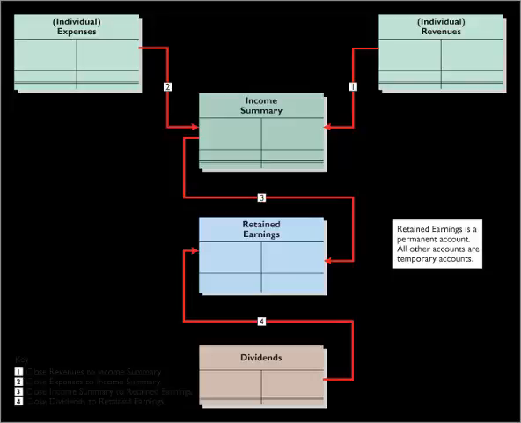The book does it this way, but not everyone thinks that way. Whatever works for you. If you want to do dividends first because it's easier, that's fine. I don't really care. But those are the 4 closing entries you need to make.